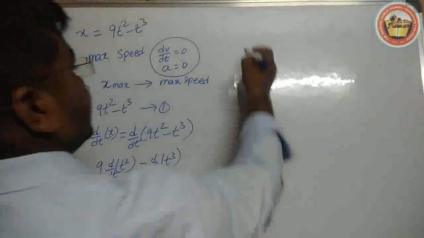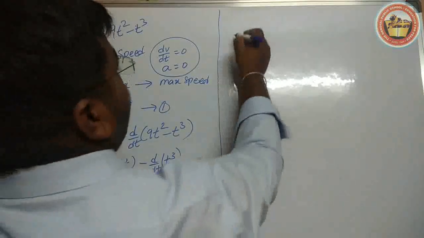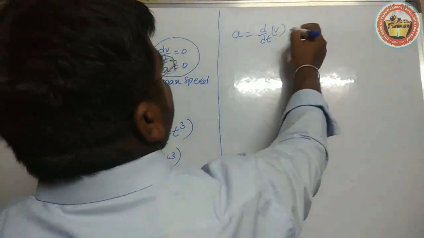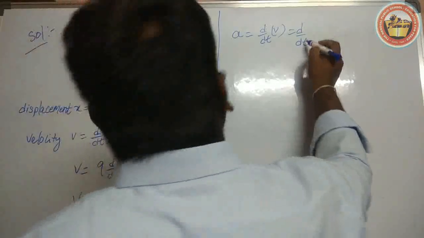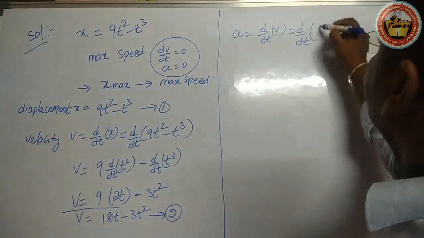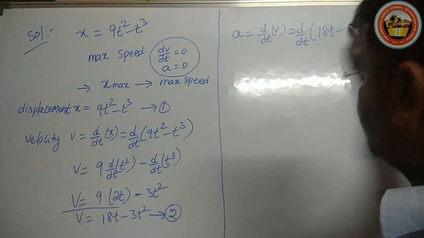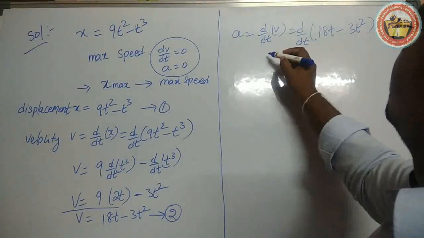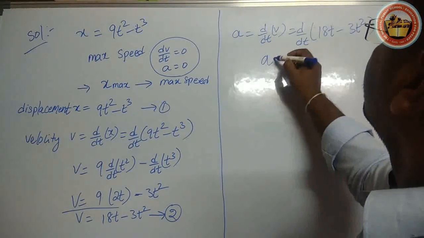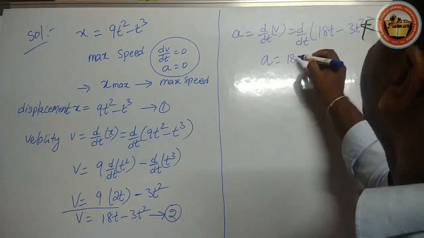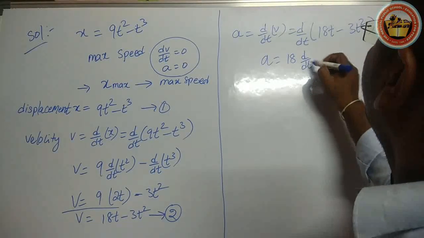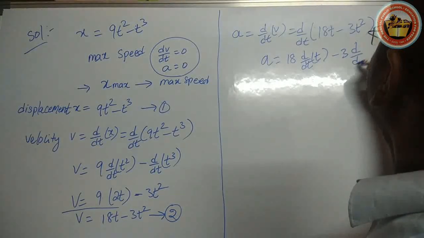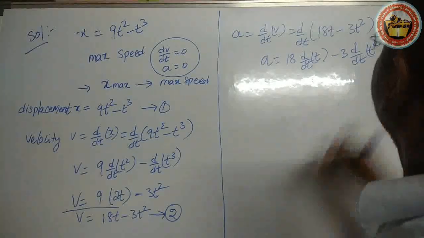Next, acceleration. Acceleration A is equal to d by dt of v, that is d by dt of 18t minus 3t square. A is equal to 18 into d by dt of t minus 3 into d by dt of t square.